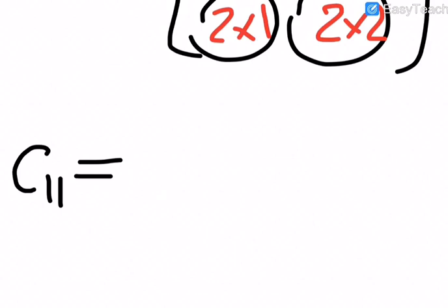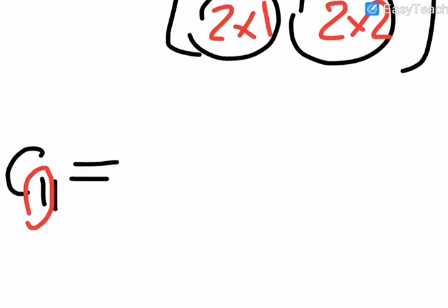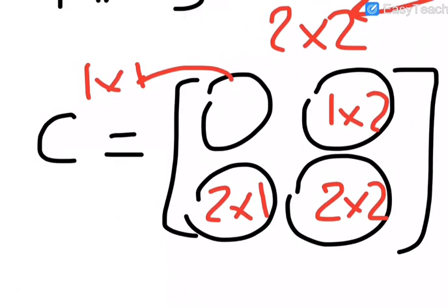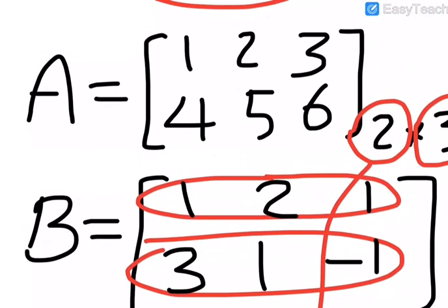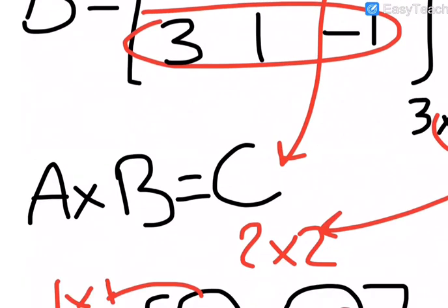Now, in order to calculate C11, we will do it like this. The first number is 1, and this is the row number. So we take the first row of the first matrix, matrix A, which is 1, 2, 3, and put it here.